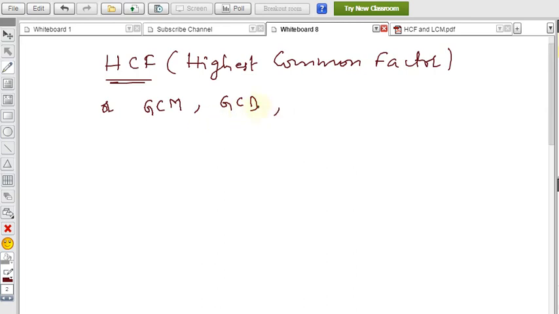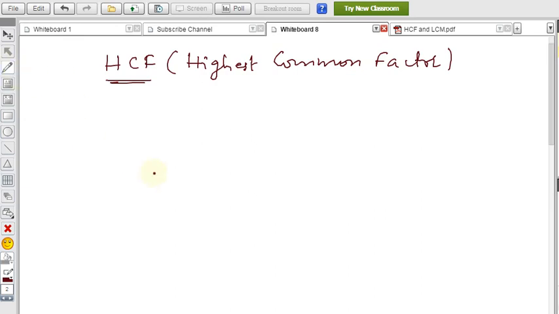Greatest common multiple, greatest common measure, these all come under GCD. Whatever it is, now we have to find the highest common factor here.